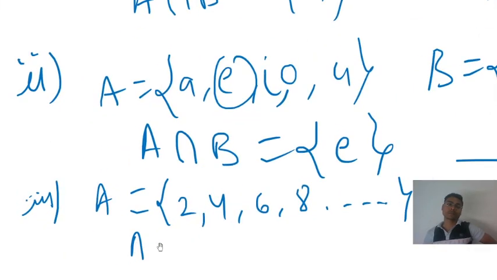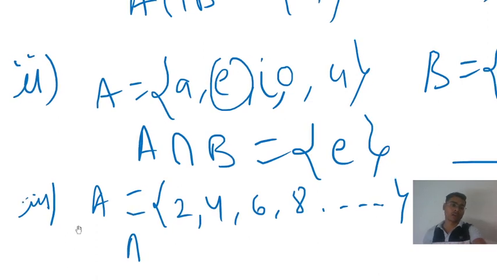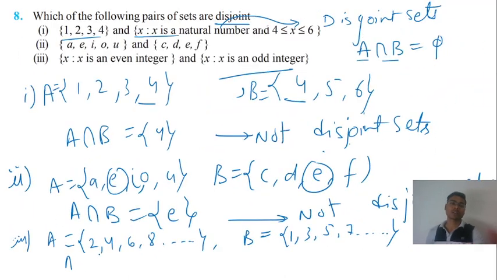So A intersection B is actually just an empty set, so it is a disjoint set.